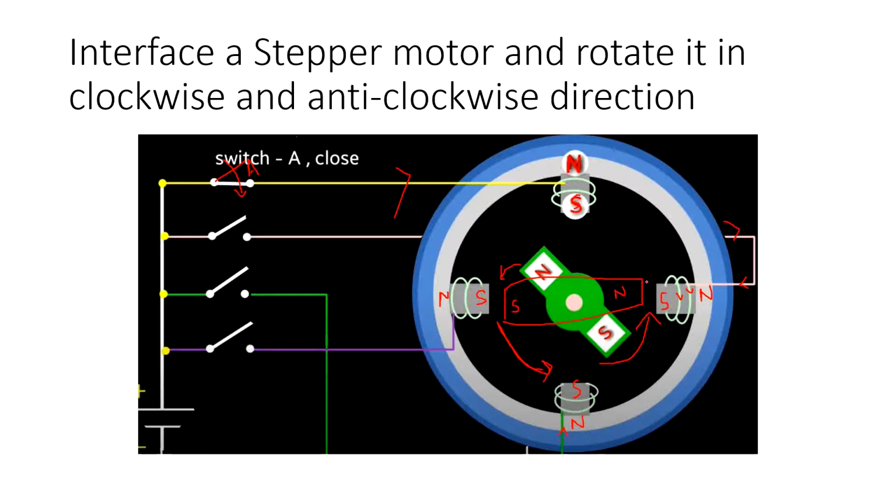So this north pole gets attracted towards the south pole. So again the rotor becomes, this one is your north direction and this one is south direction. If you look back, you can find out that the rotation of the rotor is in an anti-clockwise direction.